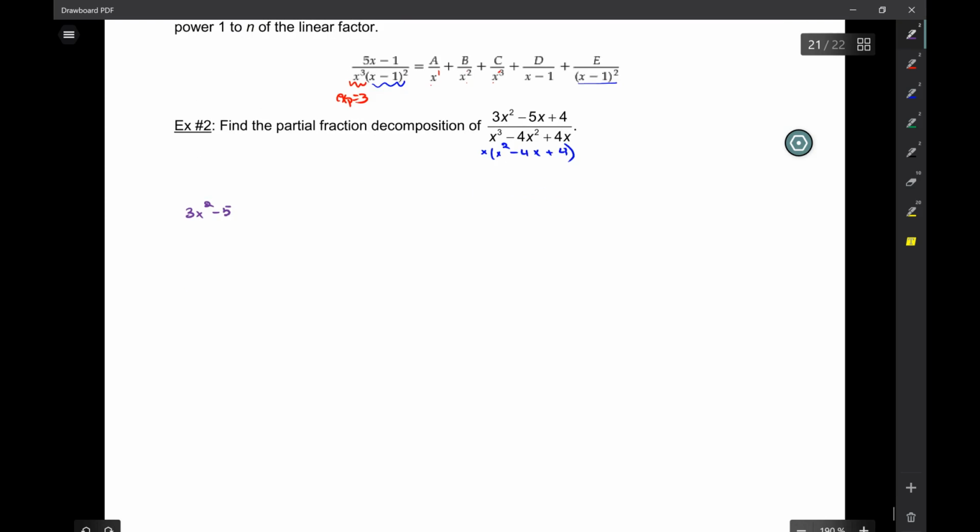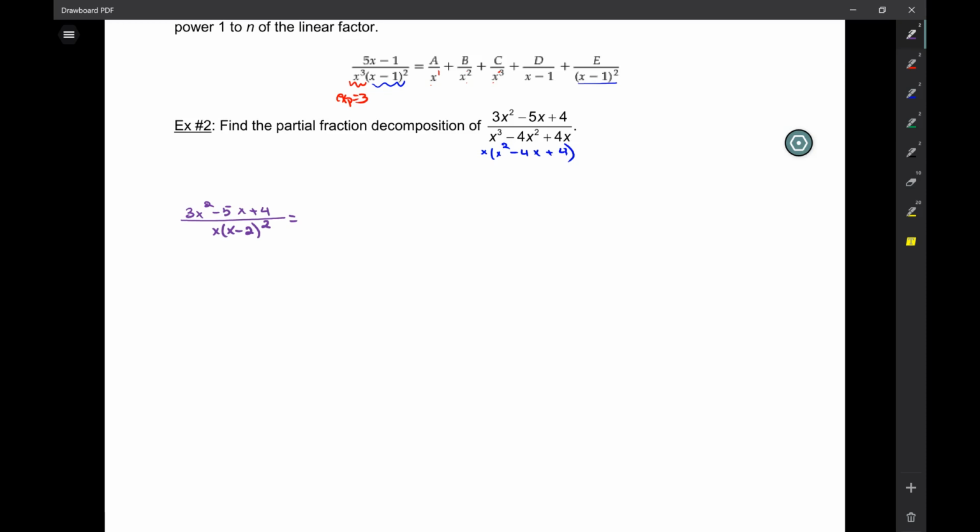You're definitely going to have some partial fraction decomposition, but I can't specify which ones I'm going to give you. Okay, so here it is in factored form.